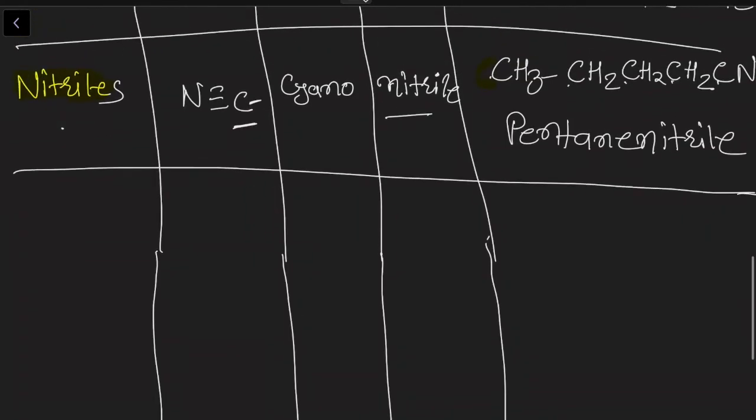Next group, we should learn about ether. Let's learn about ether. It's an O bonded with carbons. Ether is basically a carbon chain, and then O is a part of the middle.